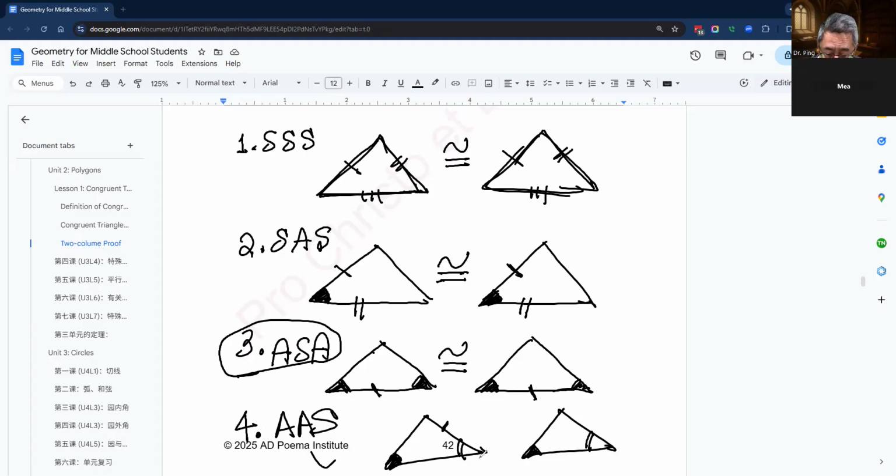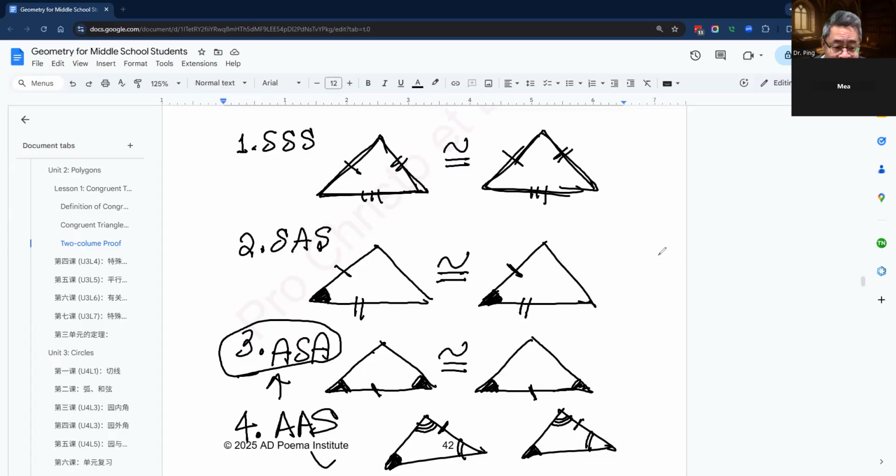It could be here. Now, if it's here, then we got angle, side, angle, but if it's outside, here and here, that still works because the three angles added together have to be 180. So this angle is congruent too. So therefore, you actually get angle, side, angle.